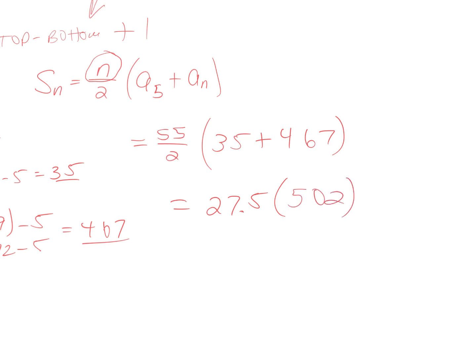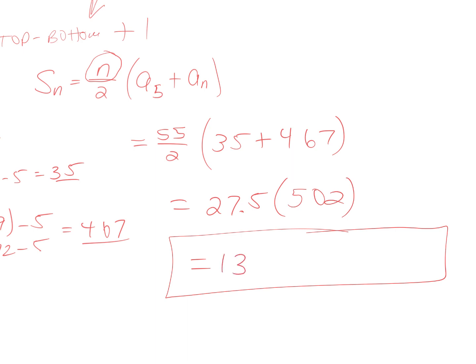Thank you. And then multiply those two together. It's 27.5 times 502. One more time. 13,805 flat. Okay, perfect. All right, now on a question like this, guys, you might get a huge number. 13,364,274,003.